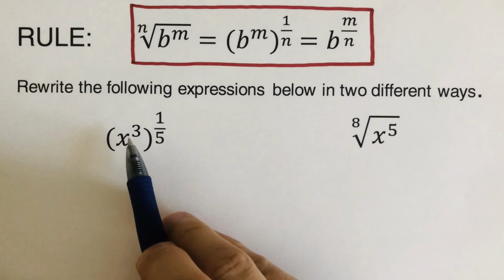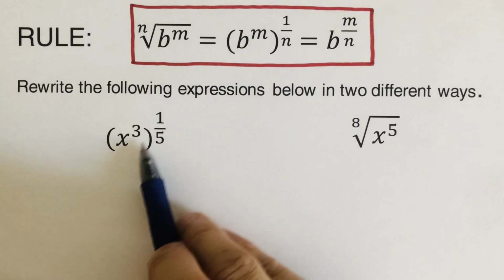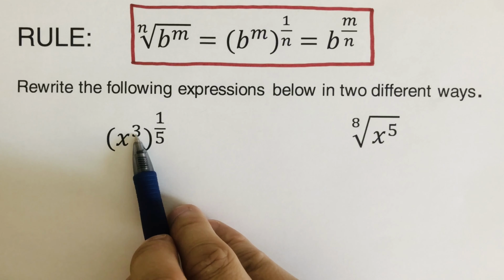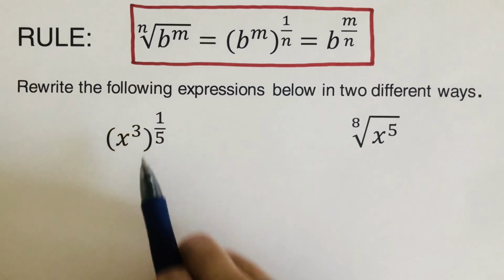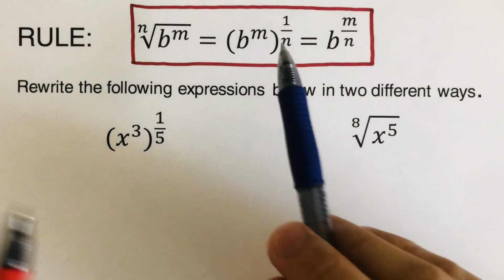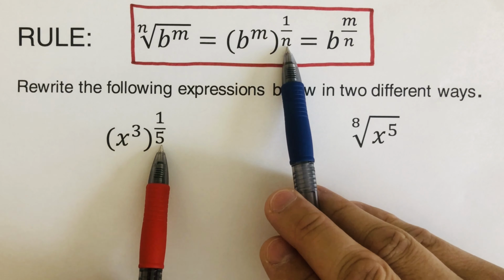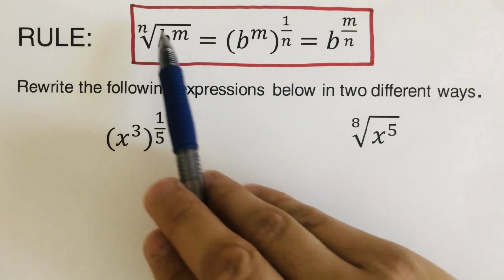So for the first one right here, our m, this one is actually similar to this. So our m is 3 and our n is 5. I want you to look at this: m is 3 and our n is 5. And so we plug that in here.